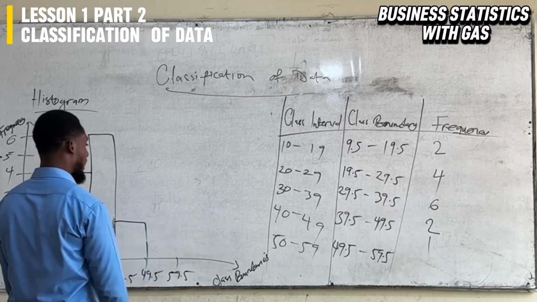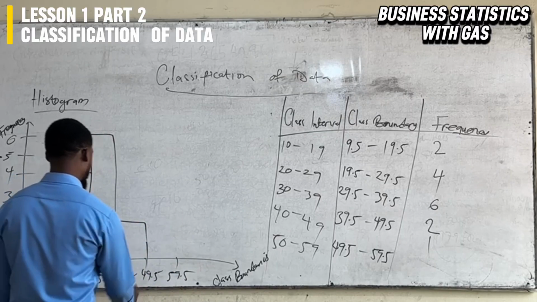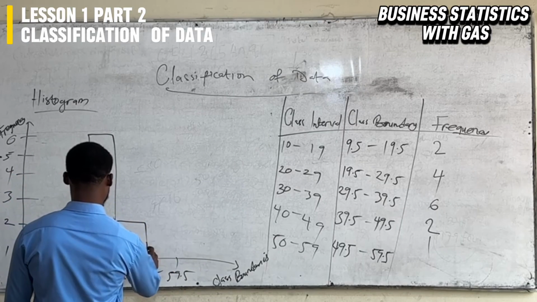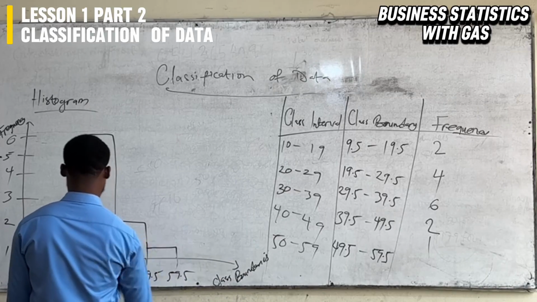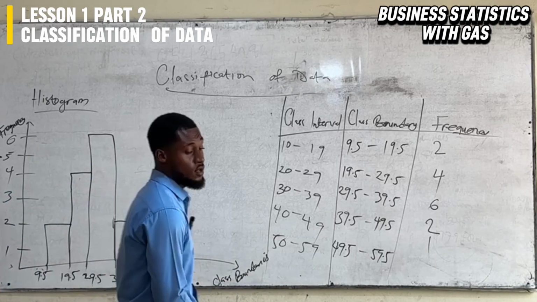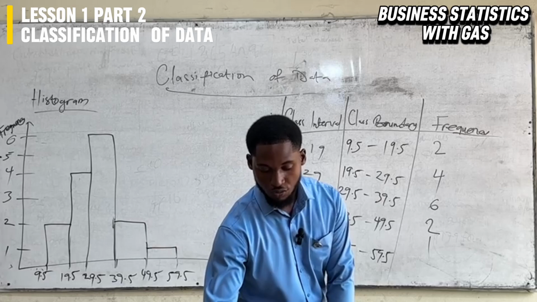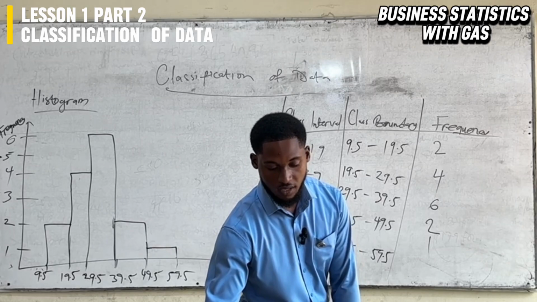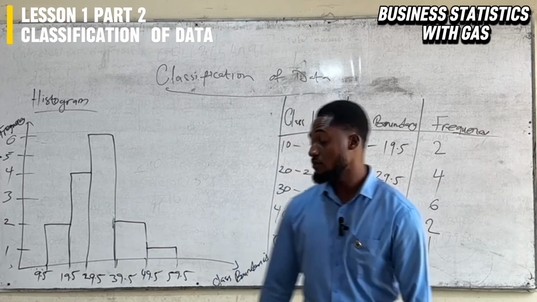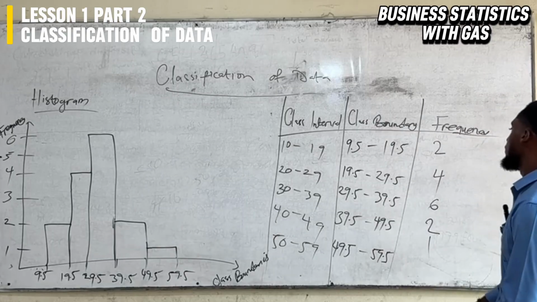Then 49.5 to 59.5 is 1. So you trace it here, and that is it. This is what we mean by histogram, and this was helped with the data we gathered here.